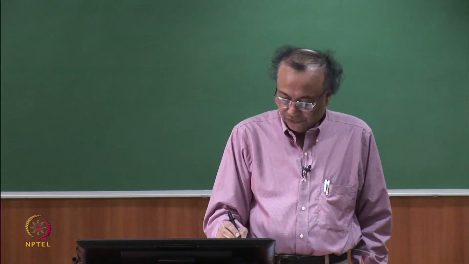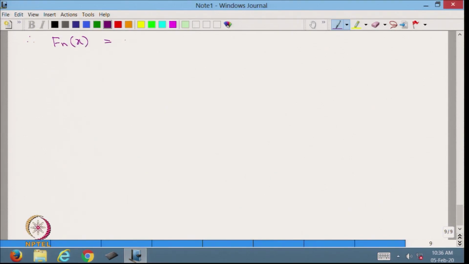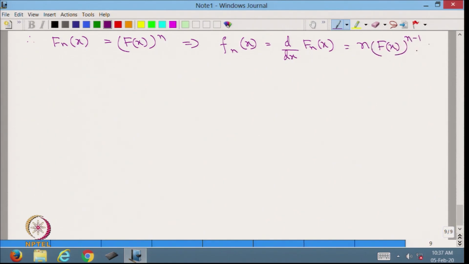Therefore, F_n(x) is equal to F(x) to the power n, which implies small f_n(x) is equal to d/dx of F_n(x), which is equal to n into F(x) to the power n minus 1 times f(x). So, that is the PDF of the nth order statistic.